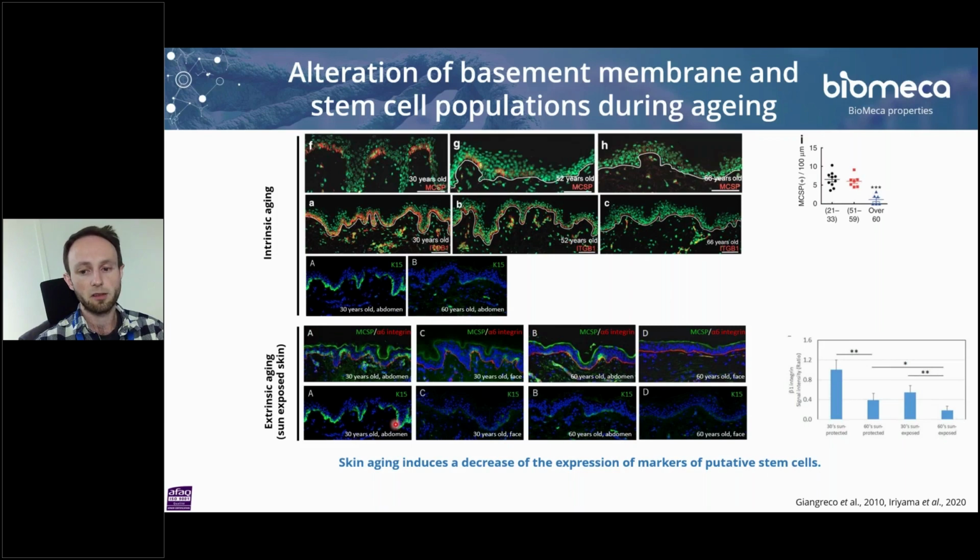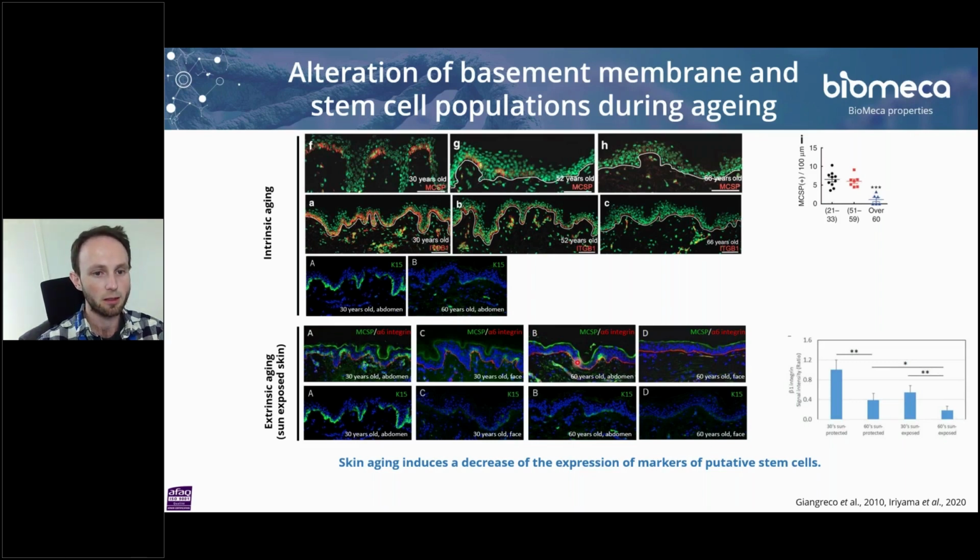So from this imaging, it's interesting to note that sun-exposed skin possesses less MCSP and keratin 15 expression than skin less exposed to UV, as you can see on these pictures, and this whatever the age.